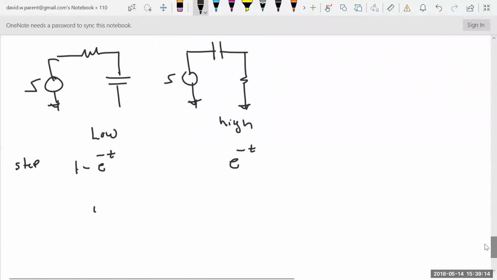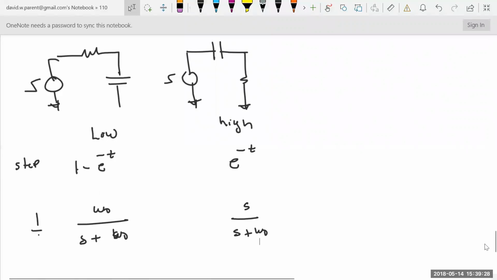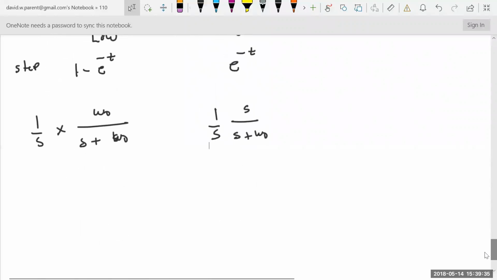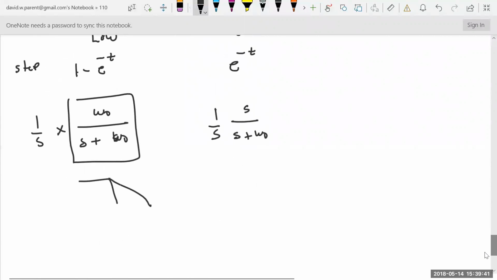That's because for the low pass, we're getting this for the transfer function. For the high pass, we're getting this. The step is 1 over s, 1 over s. Right, this has a Bode plot, right? It has a phase, 0 to minus 90, because it's just first order.